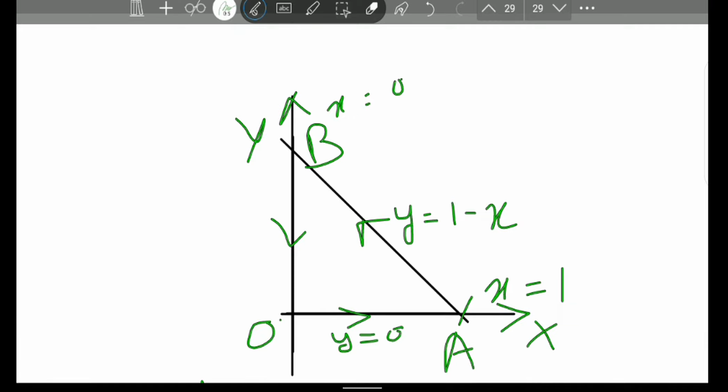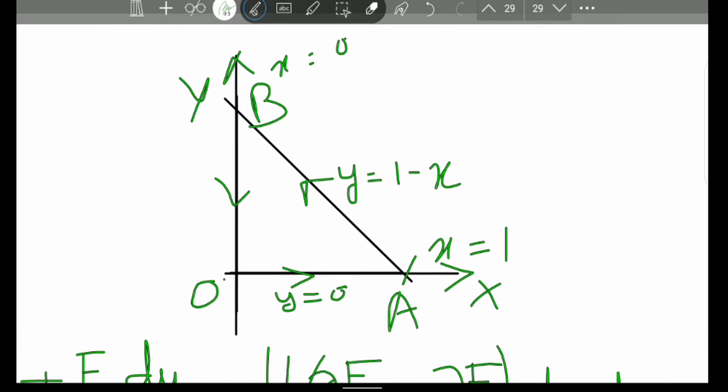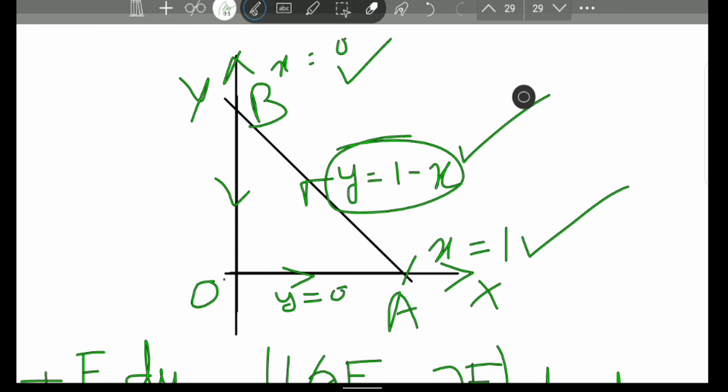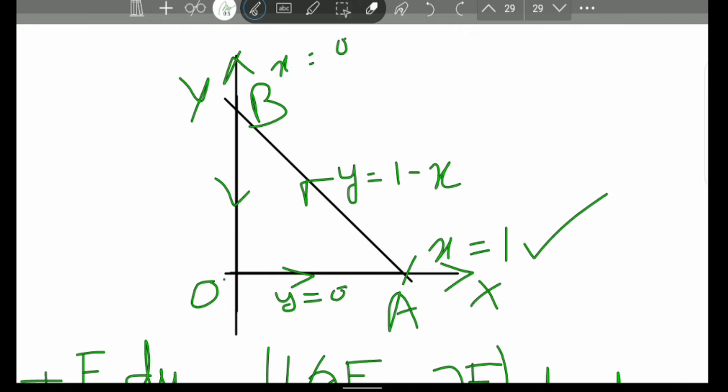So along AB, you are starting from x equal to 1 and you are going up to x equal to 0. And throughout the line AB, we have y equal to 1 minus x. I repeat everything again. We are starting with x equal to 1 and going up to x equal to 0, and throughout AB, we have y equal to 1 minus x.